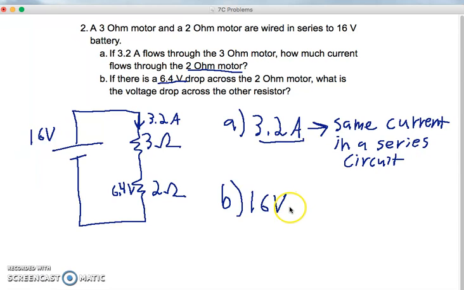So with 6.4 volts dissipated by this 2 ohm resistor, the remaining voltage has to be dissipated by the 3 ohm resistor, so it gets dropped to 0 by the time it gets back to the other terminal. So we subtract 6.4 from 16 and you get 9.6 volts.